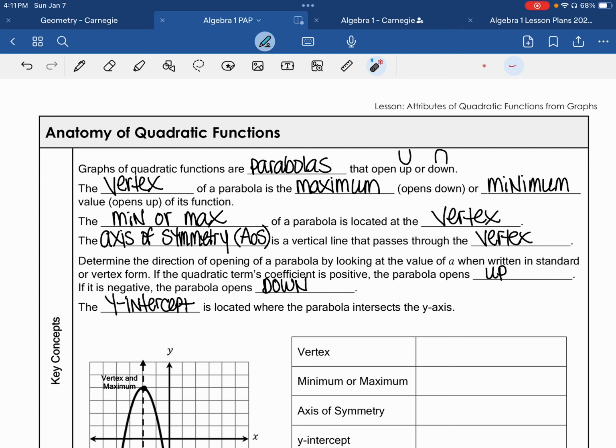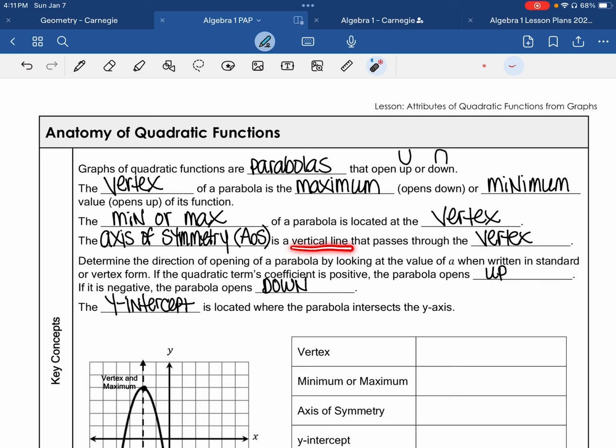The min or max of the parabola does get a special name. It is located at the vertex. The axis of symmetry, or we can abbreviate it as AOS, is a vertical line that passes through the vertex.